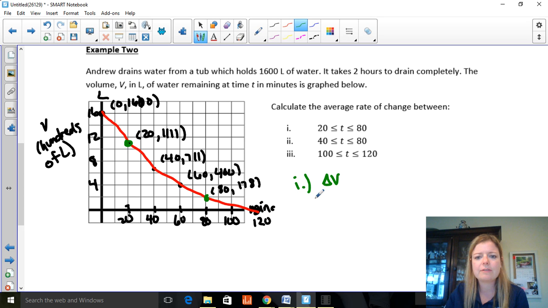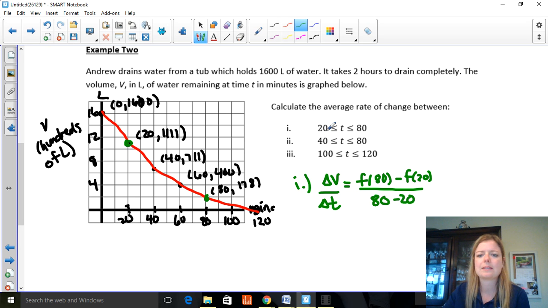We write it as delta V over delta T, change in volume over change in time, which equals F at 80 minus F at 20, divided by 80 minus 20. So it's this one minus this one.